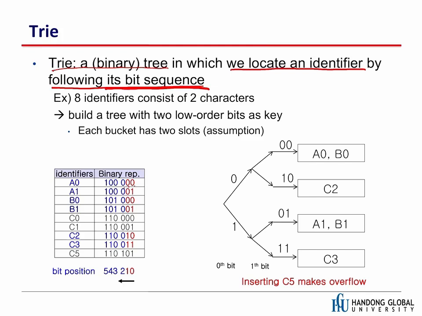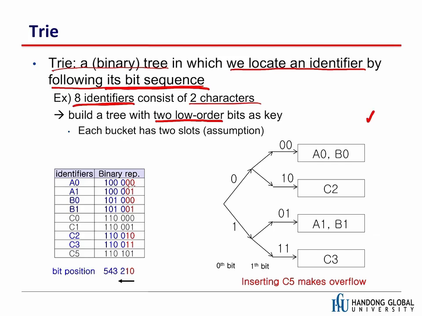We have 8 identifiers consisting of 2 characters. So we have identifiers with 2 characters, which means binary representations. And then we build a tree with the 2 low order bits as a key. If we have 8 identifiers, then 2 low order bits would be enough.